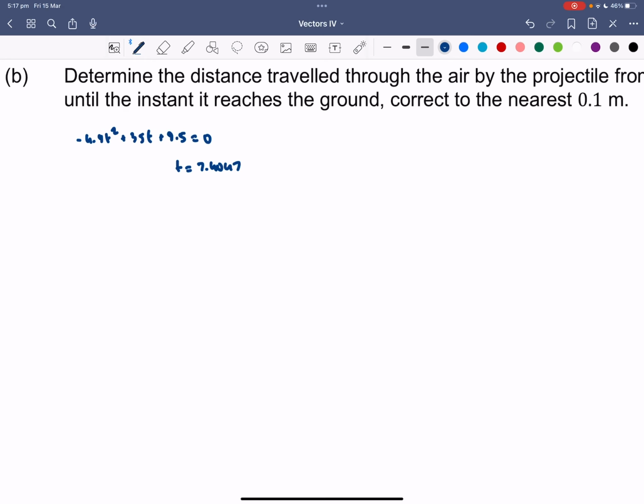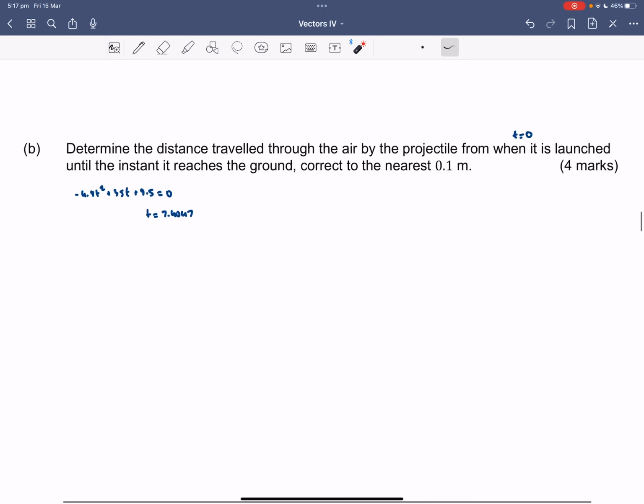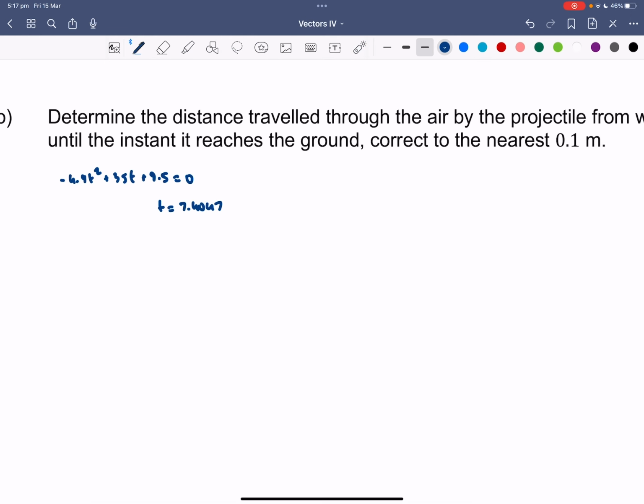Maybe in the test you have to write the comma and negative time and then reject, okay? Now, therefore, all I need to do is find out the distance traveled, and I just discussed the formula for distance.